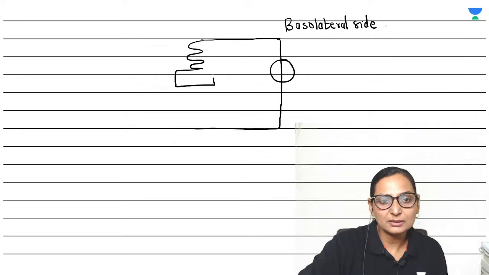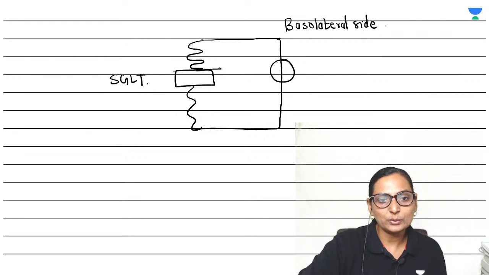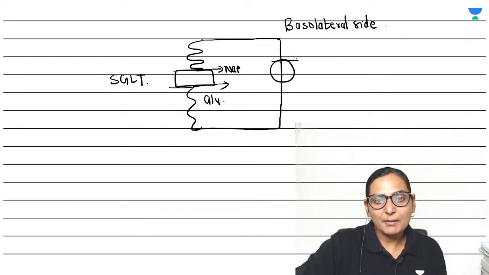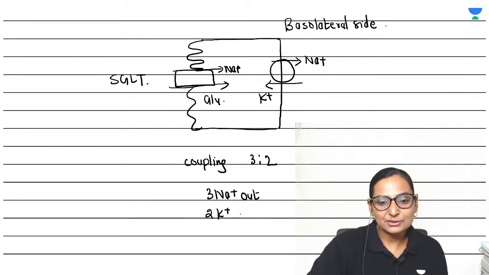Suppose here there is presence of SGLT, that is the sodium glucose co-transporter, which is going to take in sodium and also glucose. The sodium potassium pump pumps out sodium and takes in potassium. It has a coupling ratio of 3:2, that is 3 sodium out and 2 potassium inside, right?